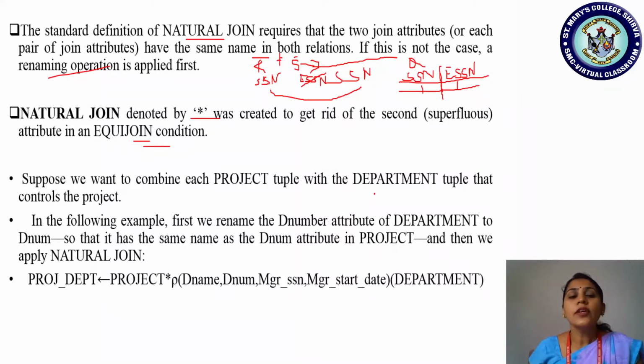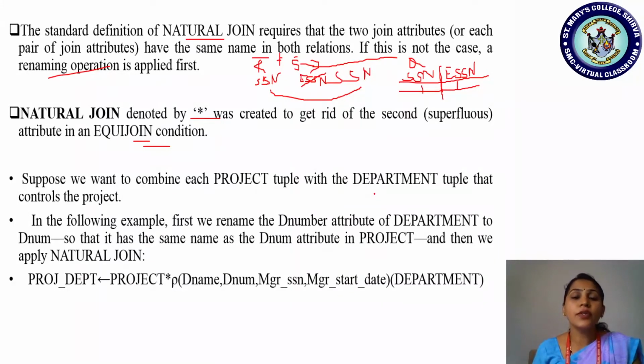So if we want to combine each project tuple with the department tuple, we want to apply the join operation for the project relation and the department relation. Why do we want to apply the join operation? Because we want to display which particular project is handled by which particular department.